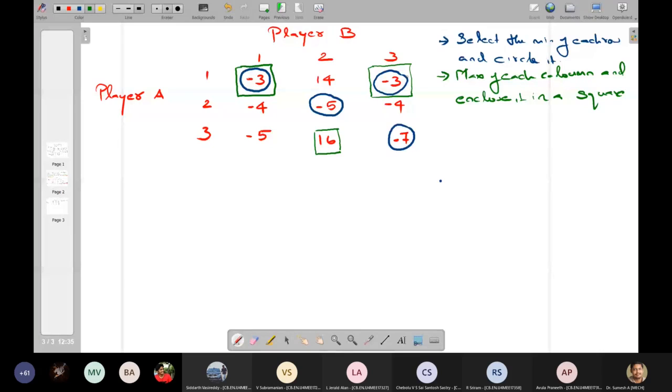Yes, since the minimum of each row and the maximum of each column are satisfied in two cells, this game will have two saddle points: (1, 1) and (1, 3).